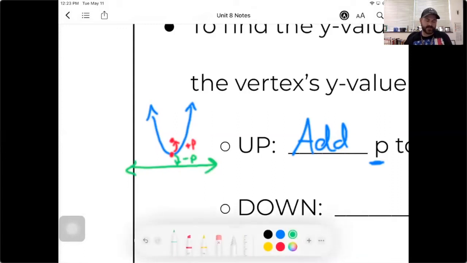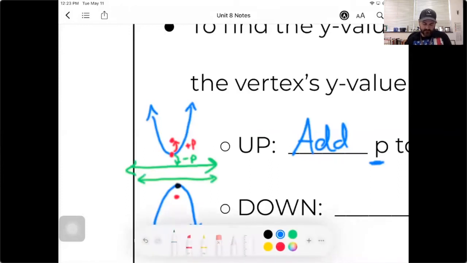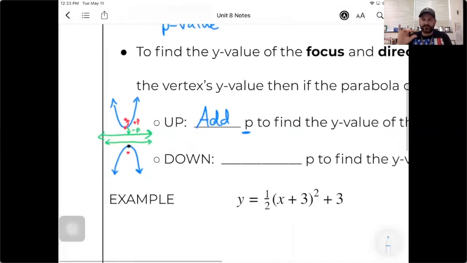Now, the real nice thing about this is when we're using our a value, the positive or negative value really takes care of the adding and subtracting in and of itself. We just have to make sure that our sketches make sense as we work through these. If our parabola opens down like this, that makes our focus point inside the parabola and our directrix outside the parabola like that. Again, we're working from our vertex here. So if our parabola opens down, we're going to flip that add and subtract.